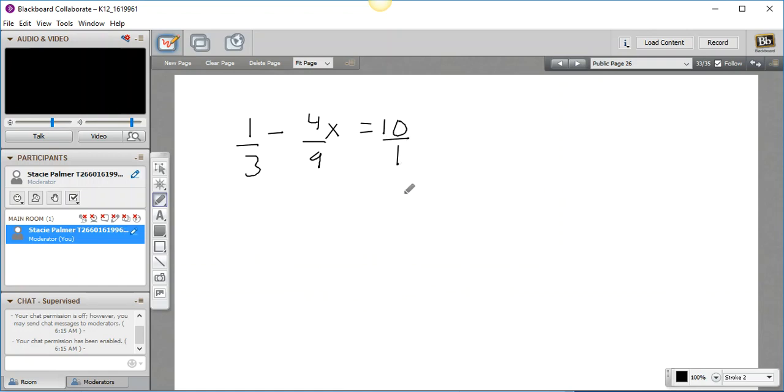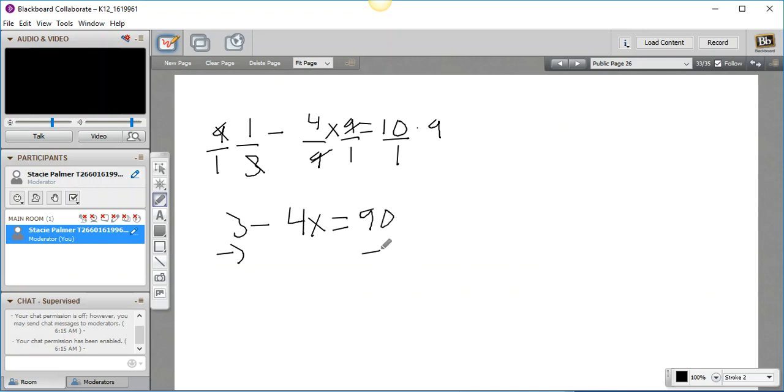Okay, so to eliminate the fractions, we find a common denominator between all 3 terms, which in this case would be a 9. So if we multiply all of these terms by a 9, 3 goes into 9 3 times. 9 goes into 9 once. 1 times 4x is 4x. And 10 times 9 is 90.